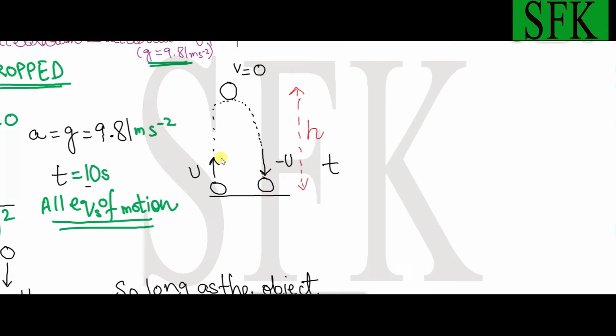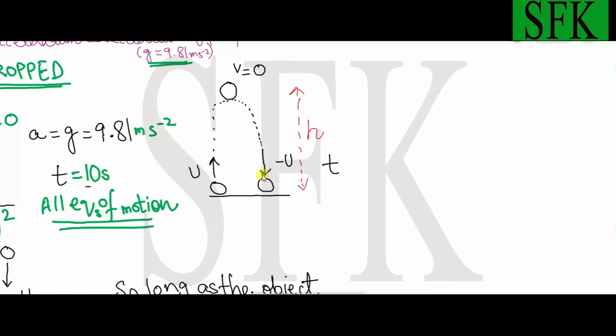Now, an important characteristic to note here is that when the ball is at the same height, the magnitude of the velocities in the upward direction and in the downward direction are equal. This is an important point. When the ball was thrown upwards, its magnitude was u.